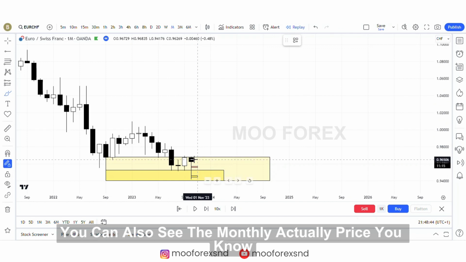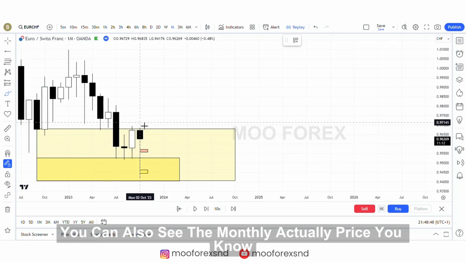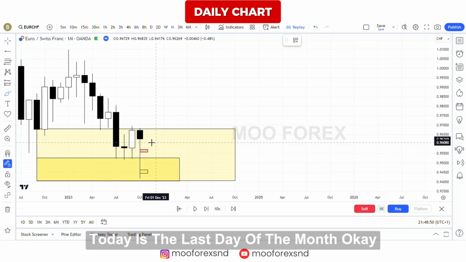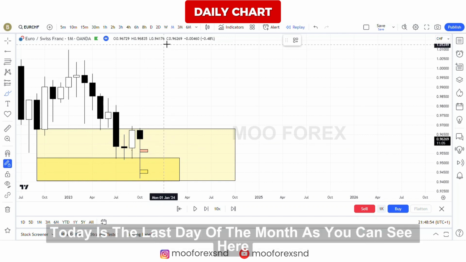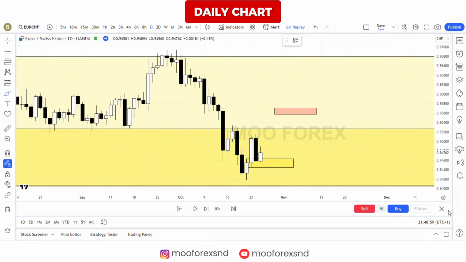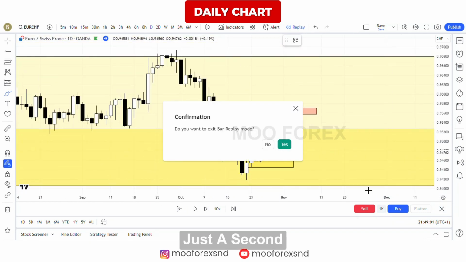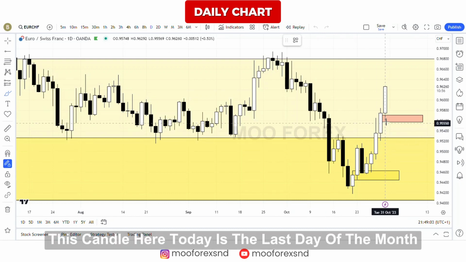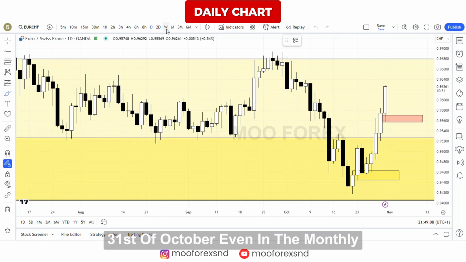But not only that, let me clean everything here. You can also see the monthly price. Today is the last day of the month, 31st of October.